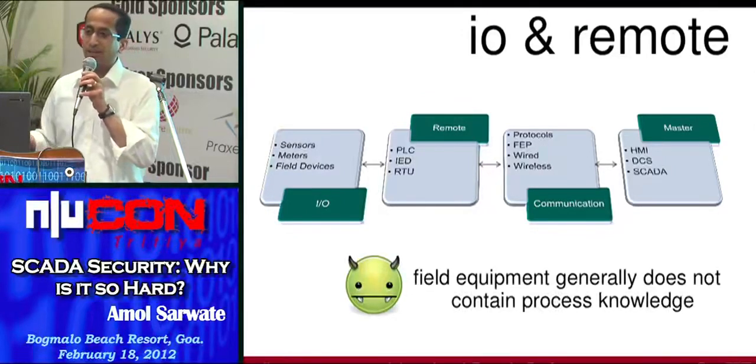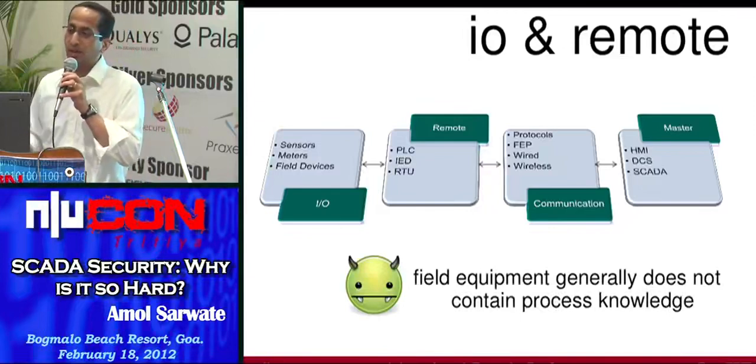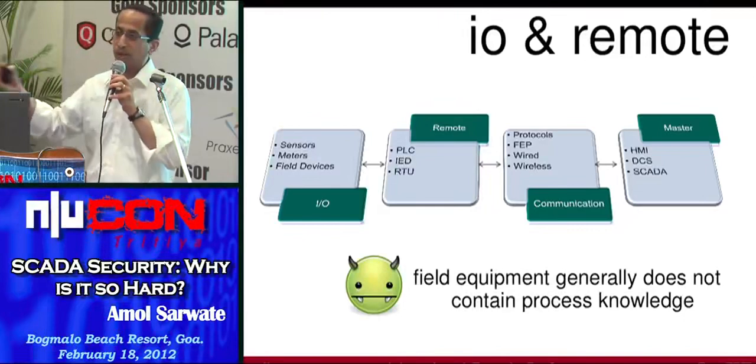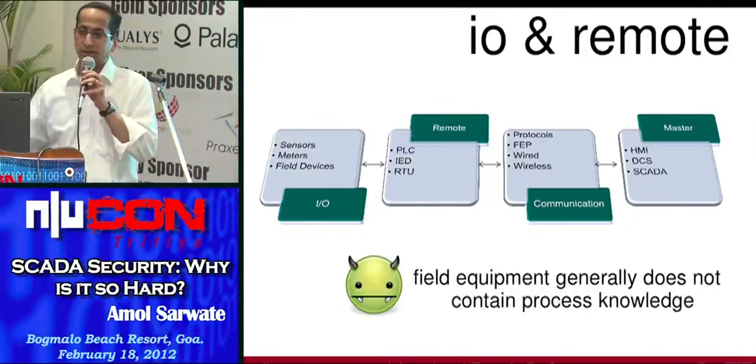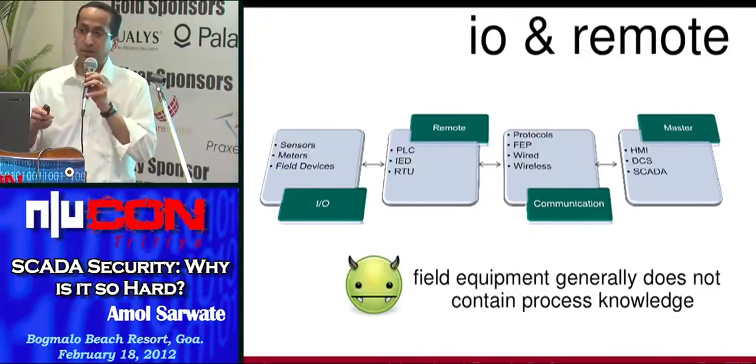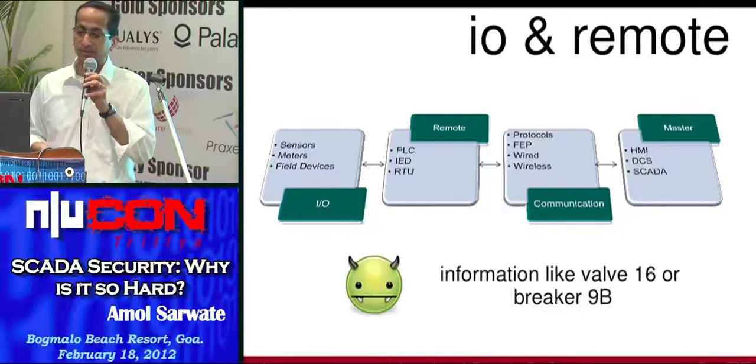You could randomly vandalize it and see what happens, but without process knowledge, without the knowledge of the bigger picture, this usually causes only a nuisance disruption, like the example that we saw earlier about vandalism.